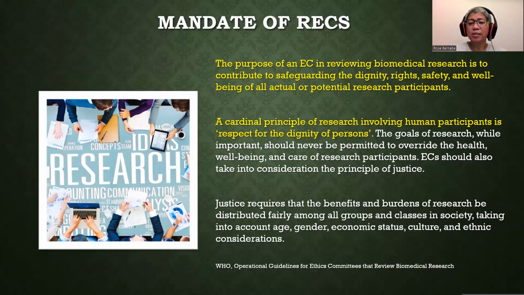So, the term used is actual research participants, who are obviously a part of a study from which data are being gathered, but also we have the term potential research participants. Potential research participants could be, for example, unintended research participants.